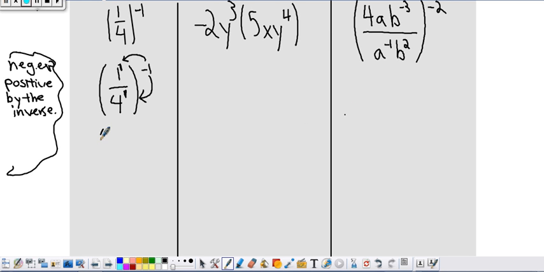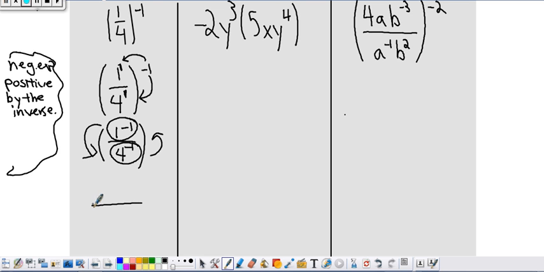So when I multiply it out, I get 1 to the power of -1 over 4 to the power of -1. And what happens? My 1 to the power of -1 is negative, and so is this 4 to the power of -1. I'm going to make them positive by finding the inverse, which basically just means to move them from where they are in the fraction to the other part of the fraction. So this 1 to the -1 is in the numerator, and I'm going to move it to the denominator.